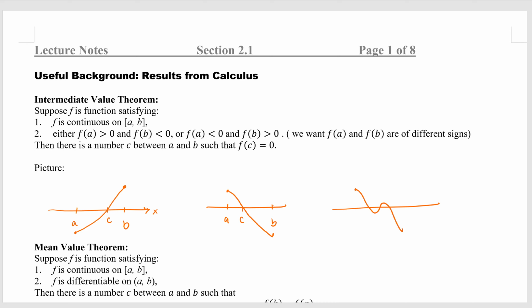It is possible. Or maybe it crosses infinitely many times. So far, so good. So we know there is at least one number c such that f(c) = 0. Okay? So that is the intermediate value theorem.